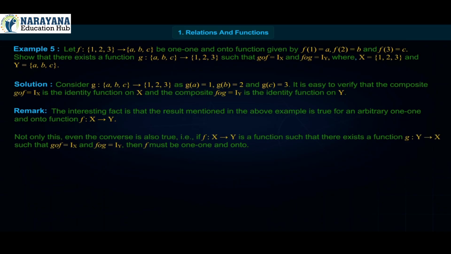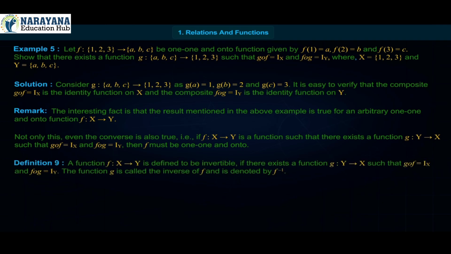That is, if f from X to Y is a function such that there exists a function g from Y to X such that g∘f = I_X and f∘g = I_Y, then f must be 1-1 and onto.